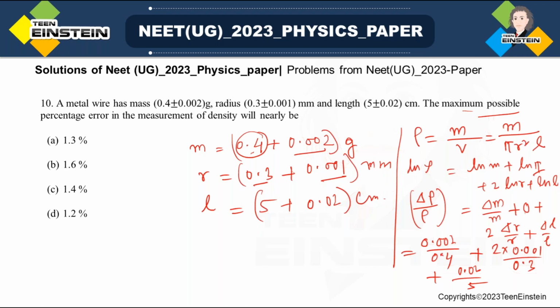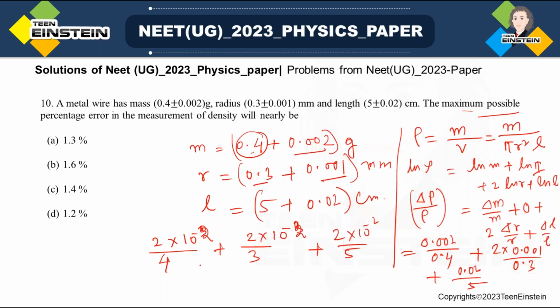Okay, if you do the calculation part properly, look here, 2 into 10 to the power minus 3 and 1 from here will go there, so it is 10 to the power minus 2 divided by 4, plus 2 into 10 to the power minus 3, 1 will go there, so 10 to the power minus 2, and the third one is 2 into 10 to the power minus 2 divided by 5.